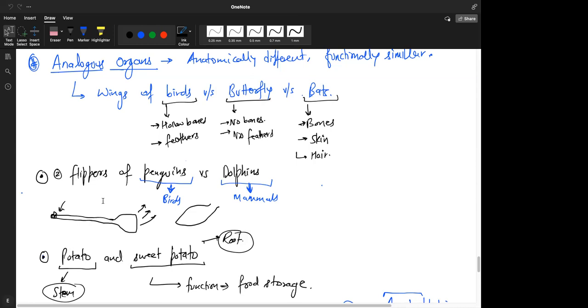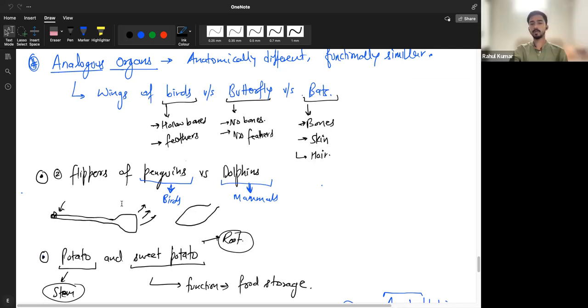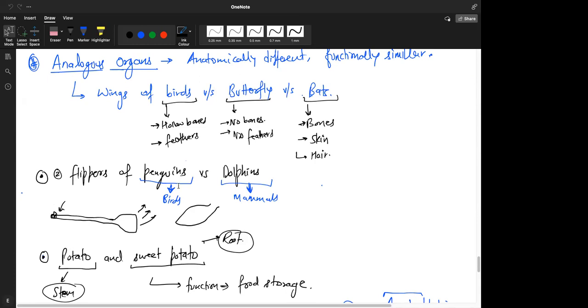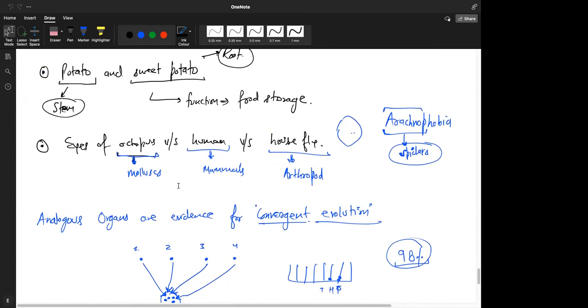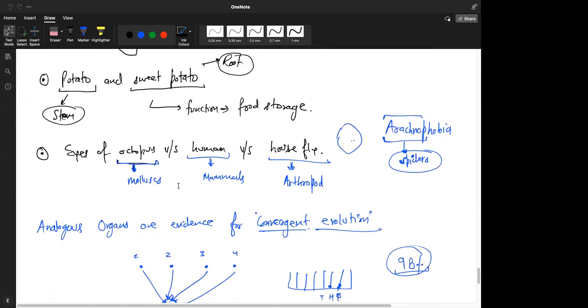And then we talked about the flippers of penguins, dolphins, and turtles. They're structurally different, but their flippers all help them to swim. Penguins are birds, dolphins are mammals, and turtles are reptiles. Then potato and sweet potato serve as food storage, but they are different. Potato is a stem and sweet potato is a root.